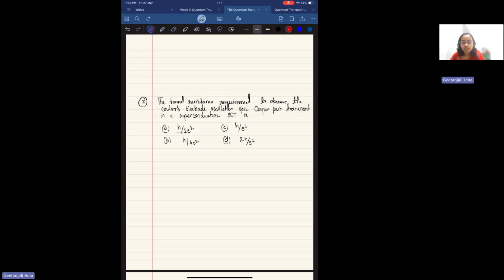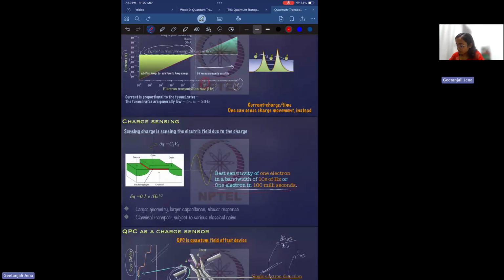So if you recall, while discussing the difference between a normal SET and a superconducting SET, for a normal SET the tunnel resistance requirement is that R_ST should be greater than 25.8 kilo-ohms, which is h by e squared. Sorry, I think I'm correct.